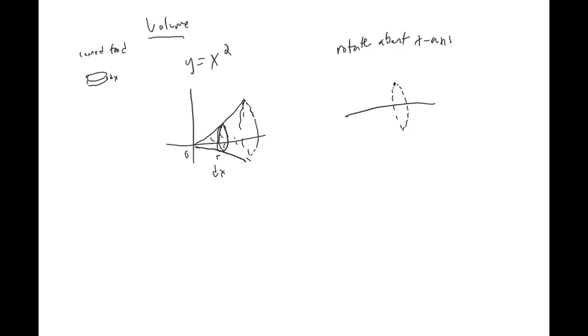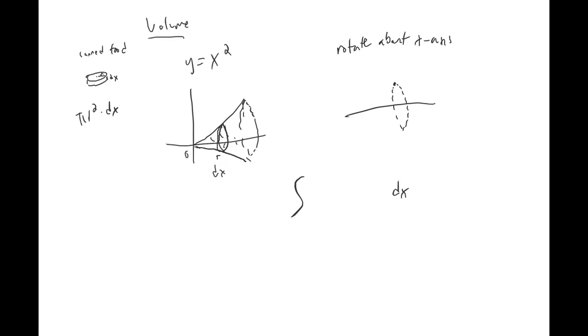It's basically the area of the base times the height, right? In this case, the base is a circle with radius r, so it's pi r squared times dx, right? Agree? This one's the same thing: we have dx for the height, and the radius.